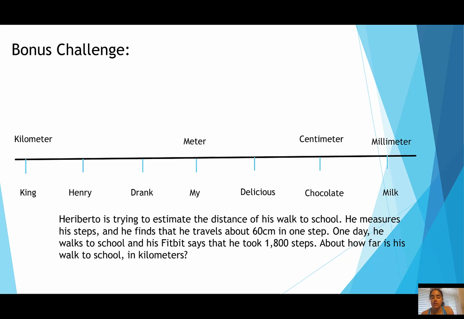So we're in centimeters, okay? It's 60 centimeters in one step, so we took 1,800 steps. So first we gotta multiply to find our total amount of steps in centimeters. So 60 times 1,800. I could do a couple of things to make this easier.